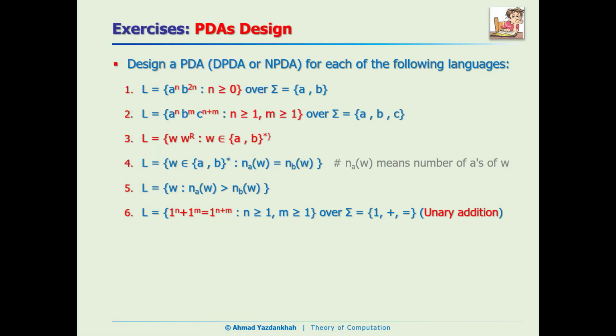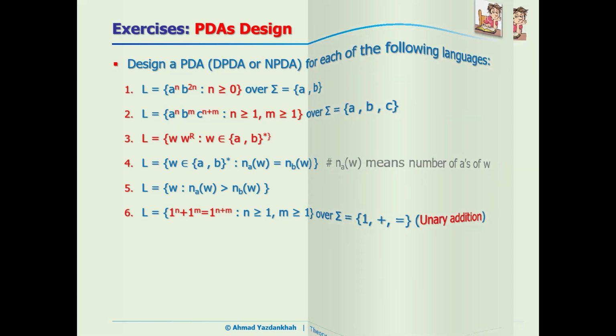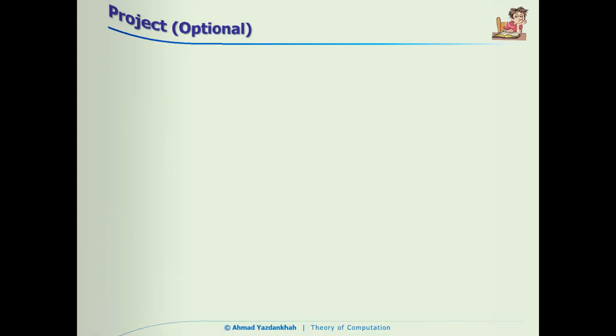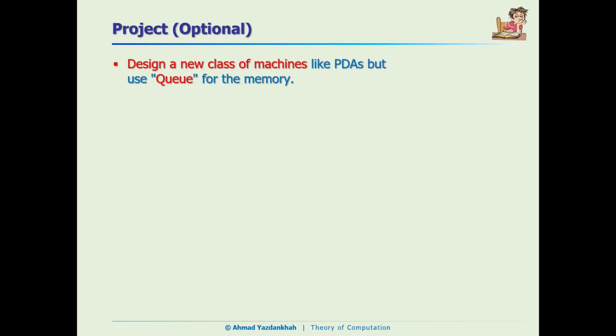And I put some other exercises here and also another exercise here. In this one, I ask you guys to convert this NFA to NPDA. Also, we have an optional project if you would like.